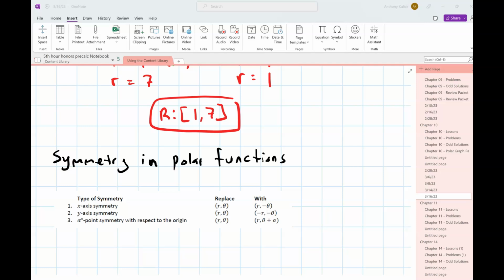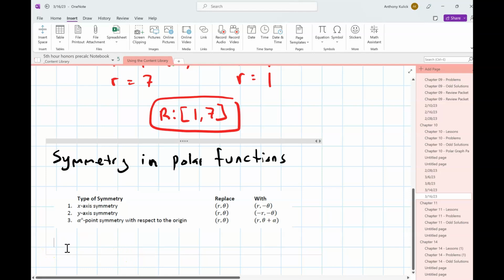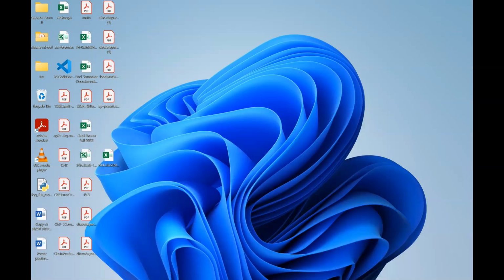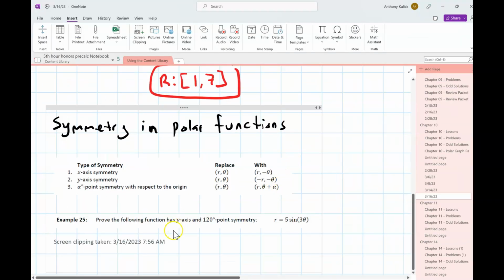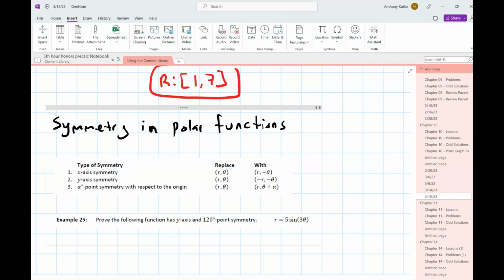And if we think we have alpha point, we're going to replace r and theta with r and theta plus alpha and see if we can get the original to come back again. So these kinds of questions will be phrased like, prove that the function has the following symmetries.